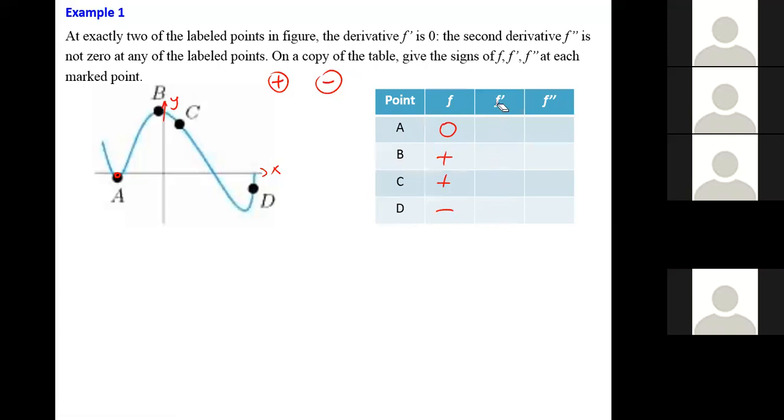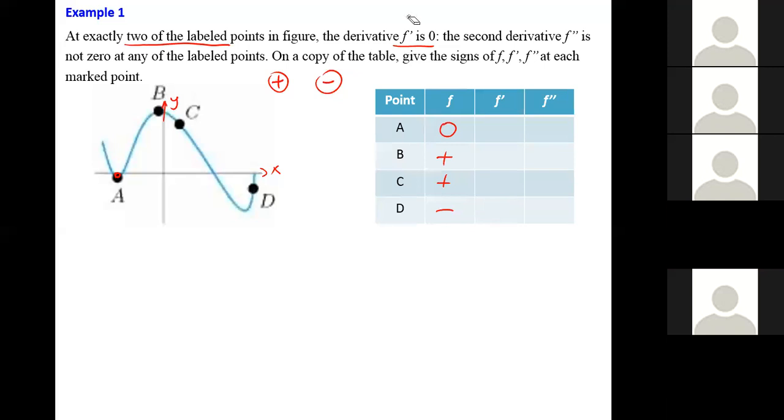Now, first derivative. The first derivative is positive if the function is going up, and if the function is going down, it's negative. We also know that at 2 labeled points, the first derivative is 0. Do you think you can tell me where exactly the first derivative is 0? Which are the points? A, B, C, or D?